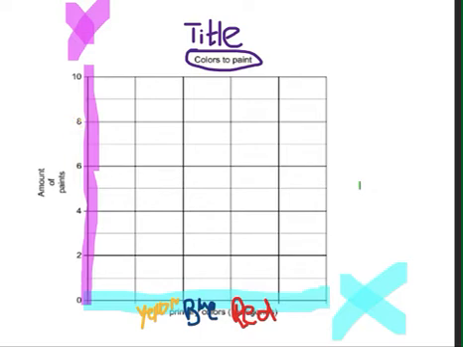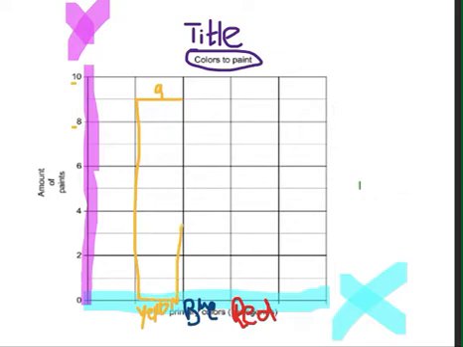I don't see the number 9, but I know the number 9 is between 8 and 10. So right between 8 and 10 is the number 9. So I'm going to do a bar that reaches the number 9. And I'm going to write the number 9 on top.